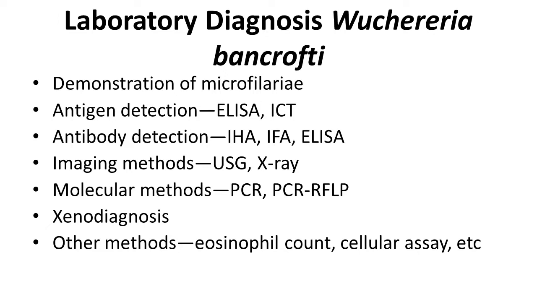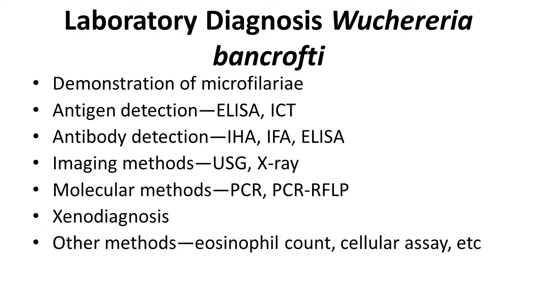Then the next one is antigen detection by using ELISA or ICT. Other one, antibody detection, we can use ELISA. Other one is the imaging method by using X-ray. Molecular method we can use PCR. Xenodiagnosis we can use.